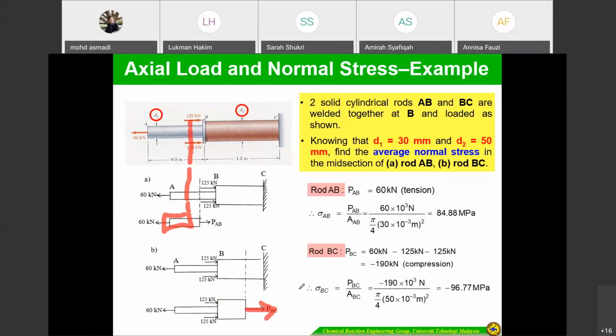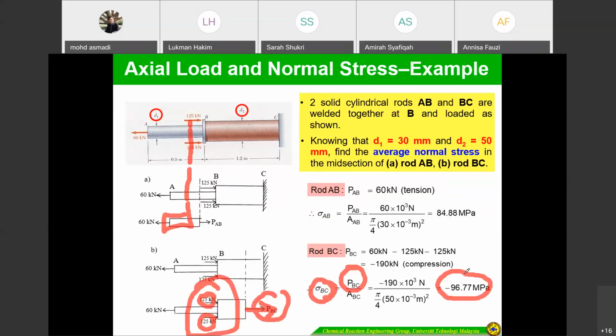It should be the opposite direction. But we also introduced 125 and 125, so during the determination of P_BC, you have to include this force, which is equal to 125 kilonewton in the x direction. Then calculate the normal stress and you get negative 96.77 megapascal.